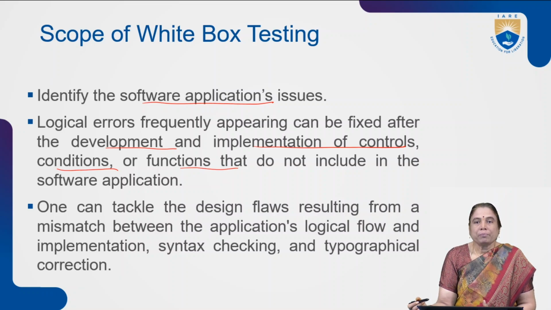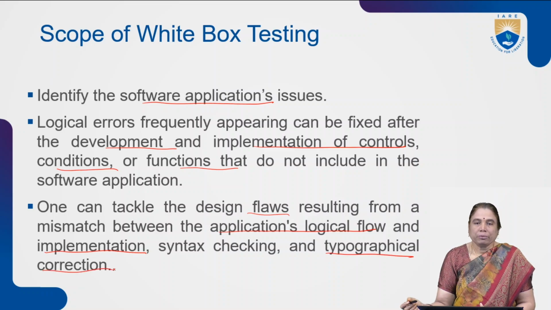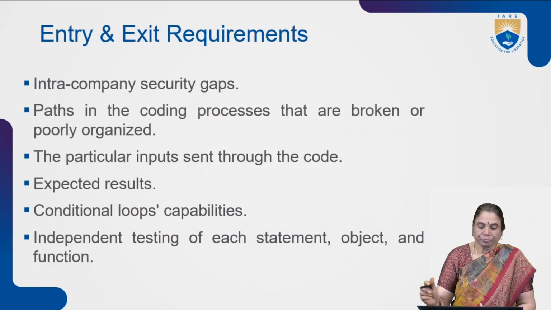The basis paths, independent paths, looping structures, control structures and case structures are considered in white box testing. One can find design flaws resulting from a mismatch between the application's logic flow and implementation. Syntax checking and typographical corrections are also done in white box testing.